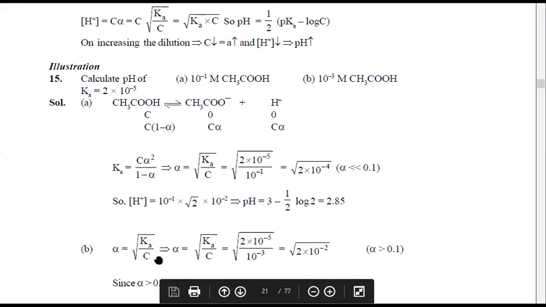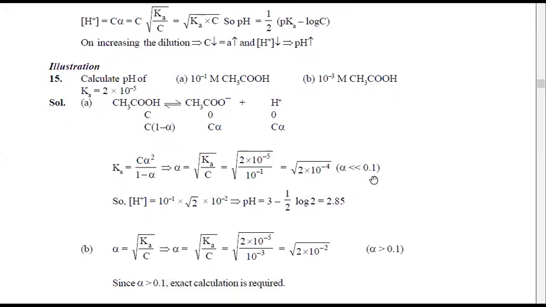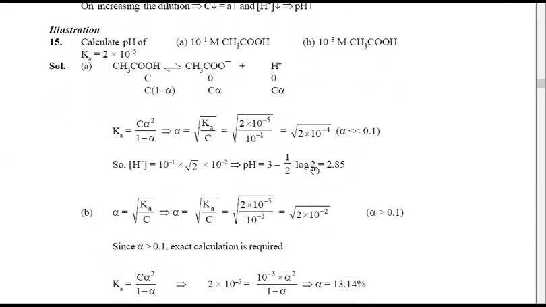If alpha is greater than 0.1, you cannot ignore it, so you will get a quadratic equation. But let's see what the difference would be if we calculate with this formula and without it.